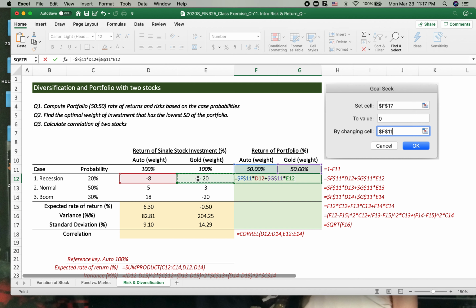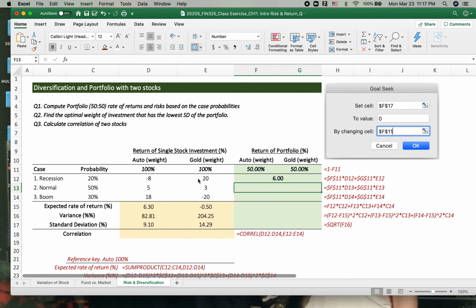Got it? So we got 6% under the recession as the rate of return of the portfolio. Now let's drag down. So we got the three different rates of return under the recession, normal, and boom cases of the return of the portfolio.